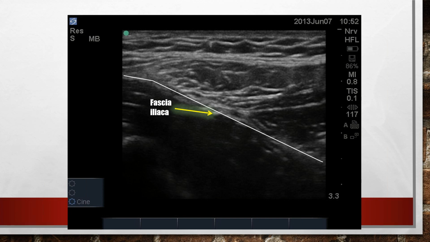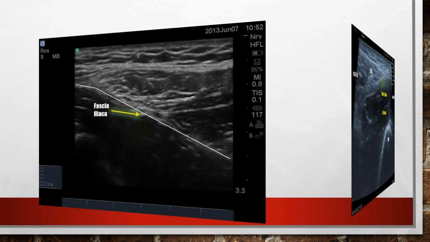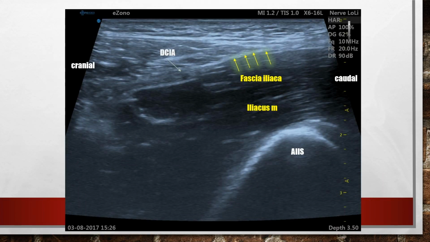Okay, so give about 30 to 40 mils of injection, and make sure our needle comes from caudal to cephalic, and that we can see the deep circumflex iliac artery. When we give our local anesthetic drugs, make sure that this artery is not compressed down.